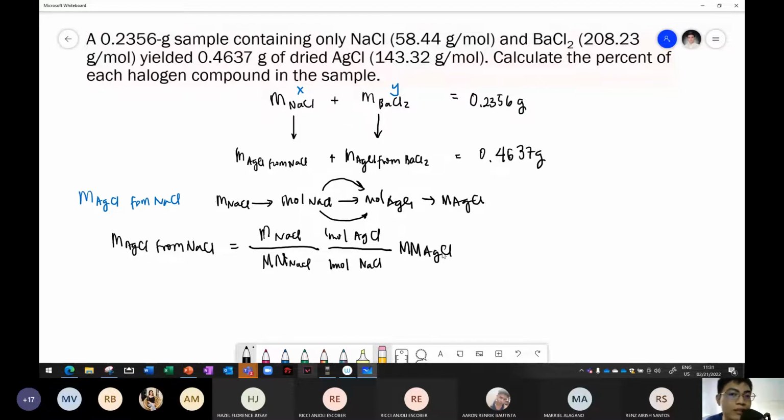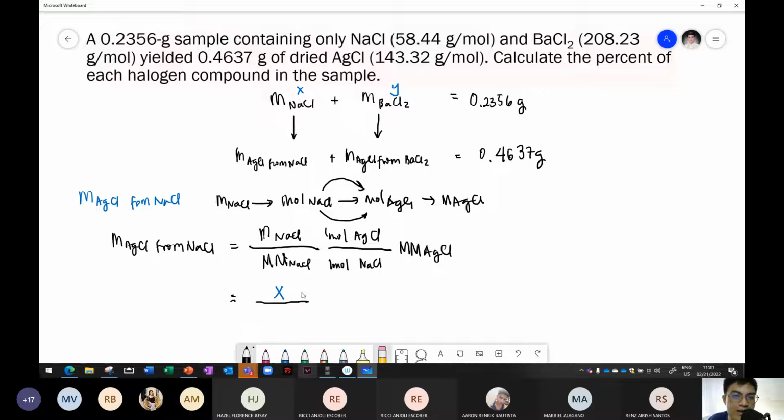Ang tanong, lahat ba yan unknown? Diba hindi? Yung mga molar masses, pwede mo kunin yan eh. Right? So, ibig sabihin, I can really write an expression out of it. Na, ang unknown ko lang ay yung NaCl. So, I will let it as X. But everything else has value.